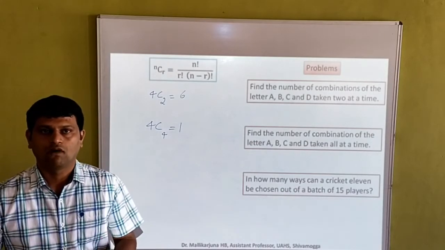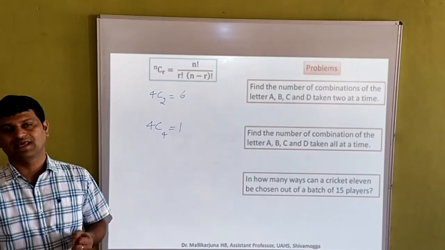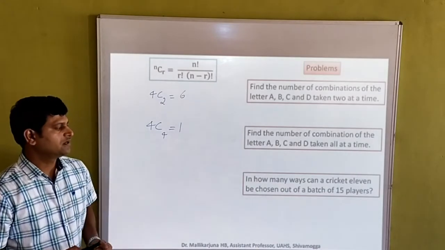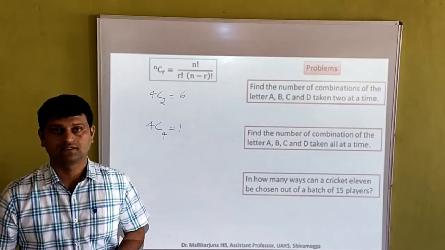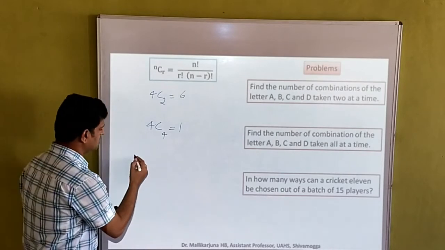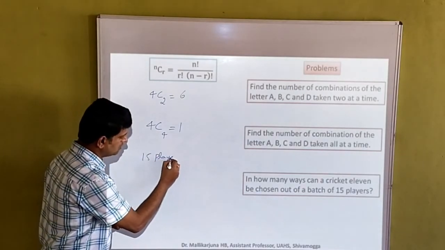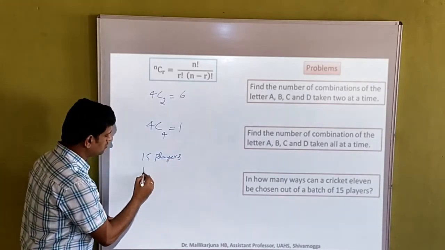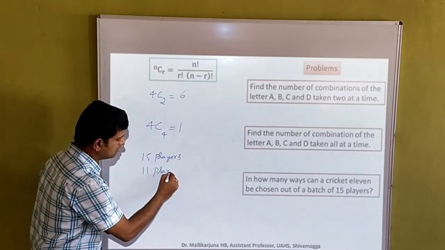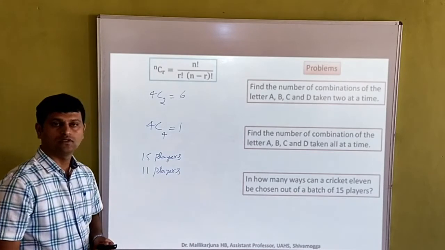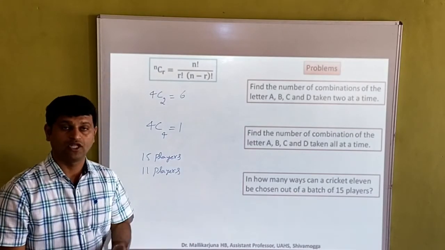In how many ways can I select the players? This is a combination problem.